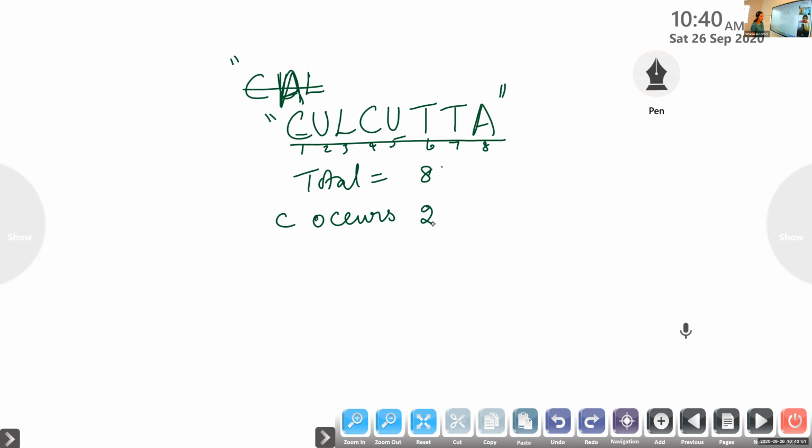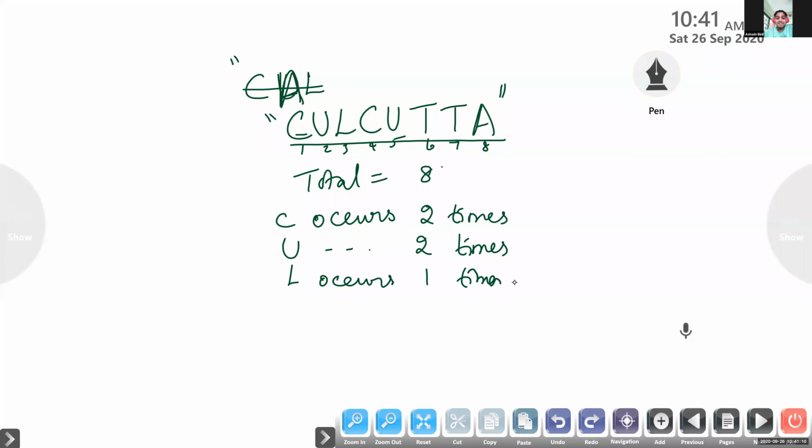If you take the alphabet U, it occurs 2 times. L, how many times, Ashwin? 1 time. Then T occurs 2 times. And the alphabet A occurs 1 time.